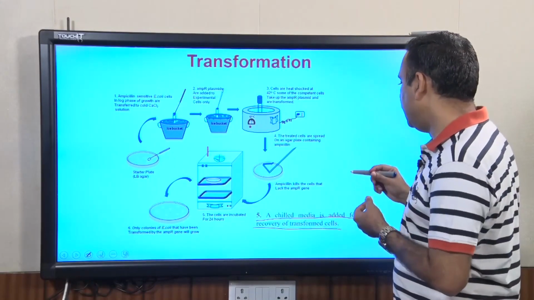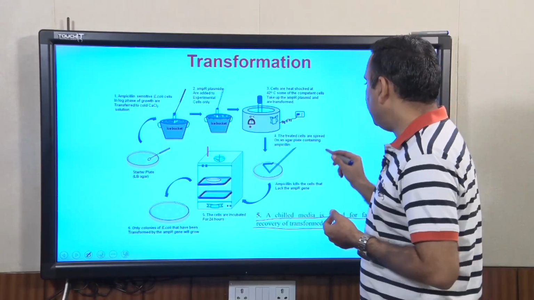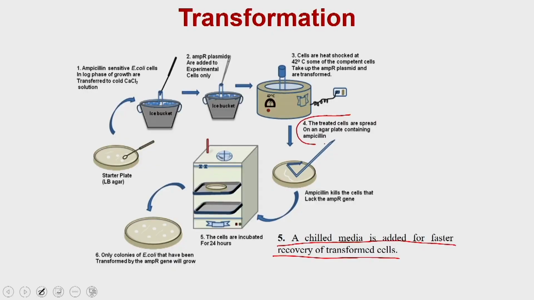Then you take these cells and plate them onto an agar plate containing the appropriate ampicillin concentration. Normally we use somewhere around 50 to 100 microgram ampicillin per ml. You use a spreader and spread the competent cells onto these plates.